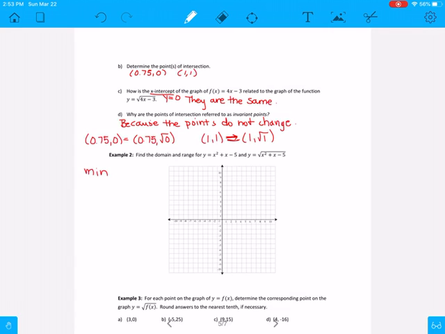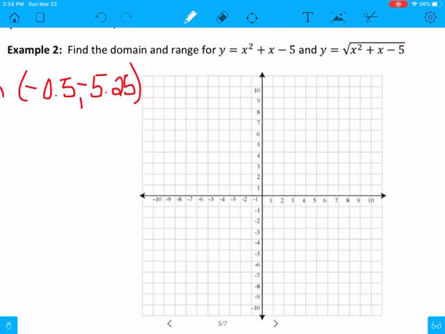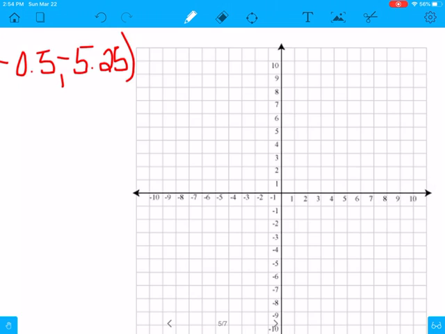So I have a minimum, and I can find it with my calculator. I have a minimum at negative 0.5, negative 5.25.